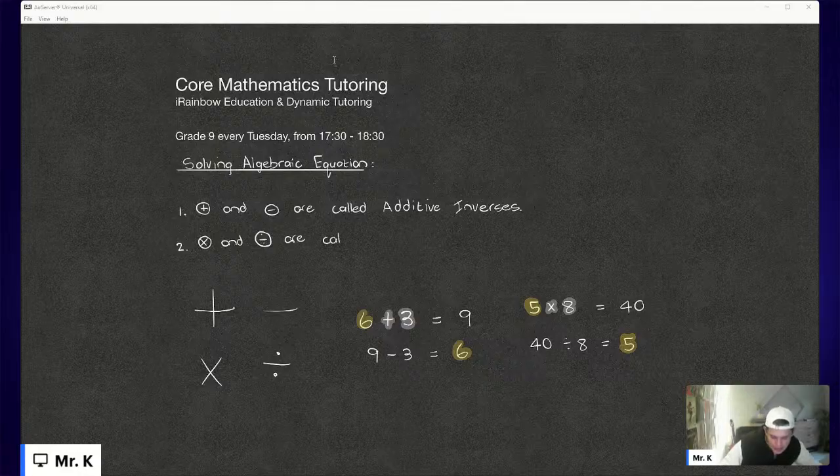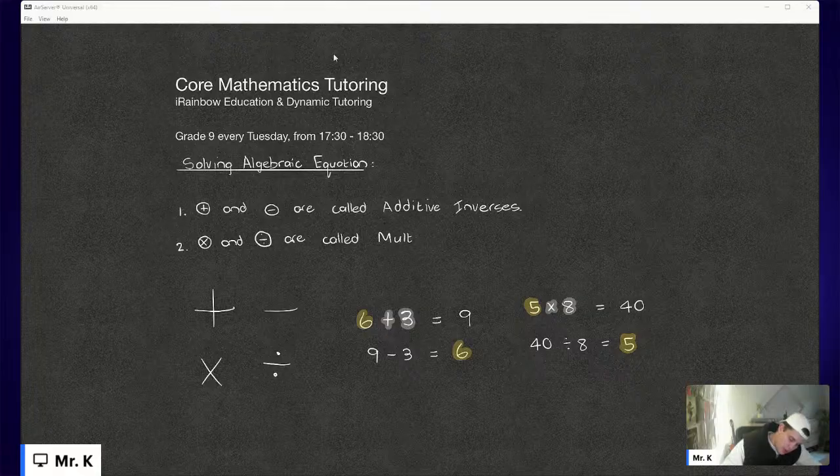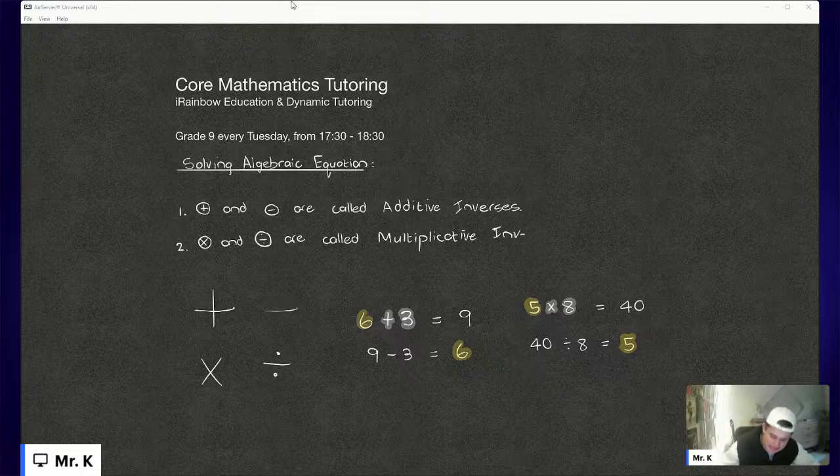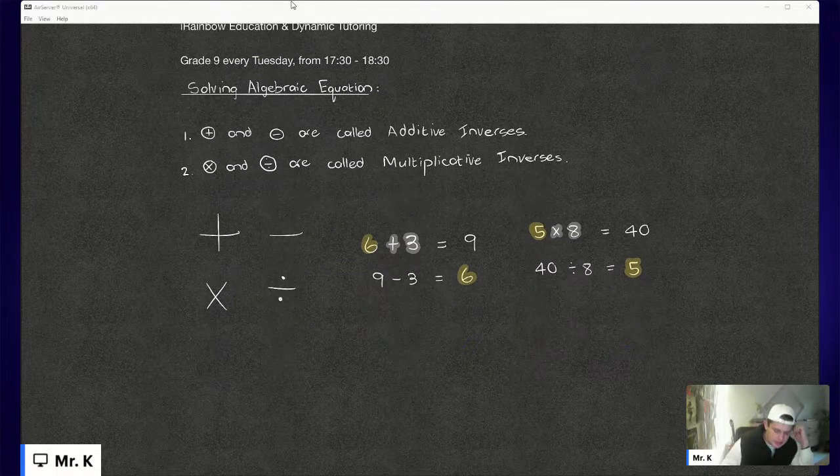Now, when we go ahead and start solving equations, guys, you have had your fair share of practice with solving equations, but you might not understand why certain things are done in the fashion that they are. And that's just what I want to quickly touch on at the beginning of today's lesson, before we also go and take a look at exponential equations, right?